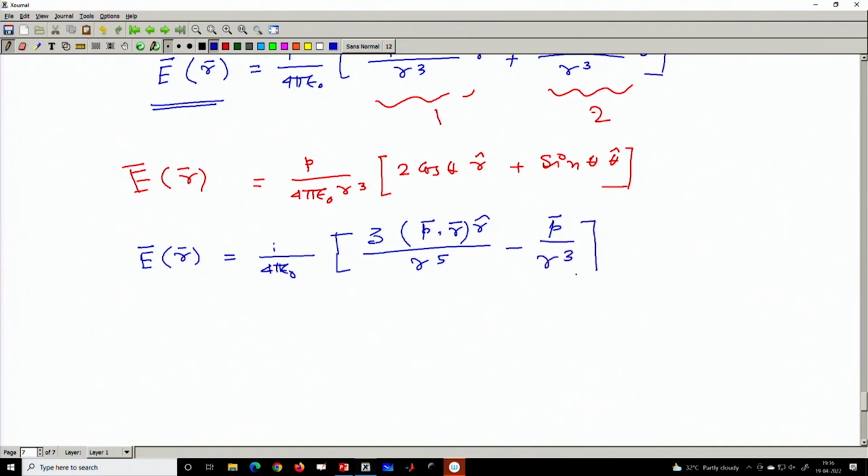That was the expression we derived. I mean, that was the homework, but this is another expression in polar coordinates, r theta phi.